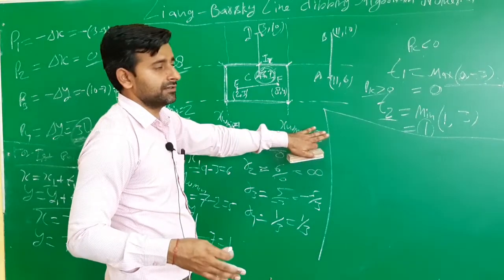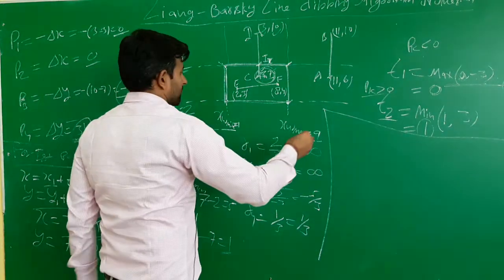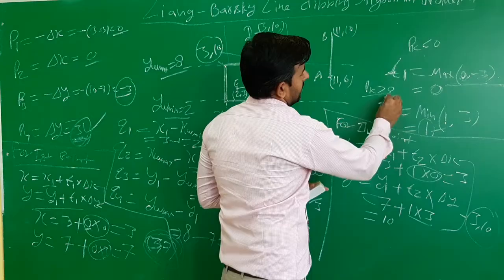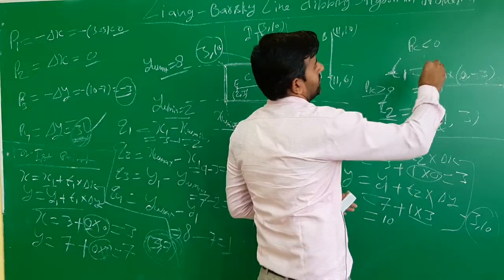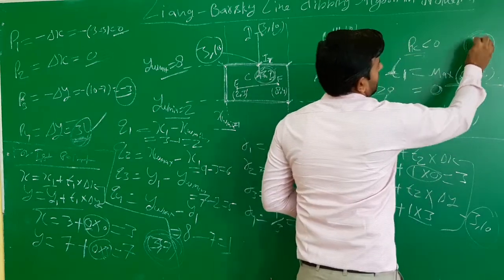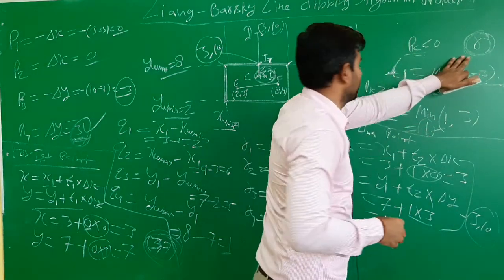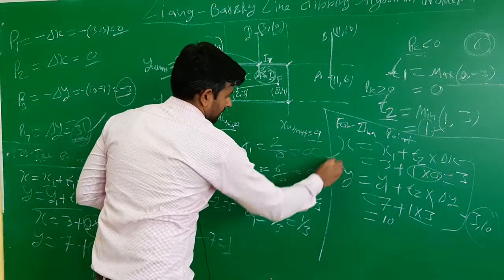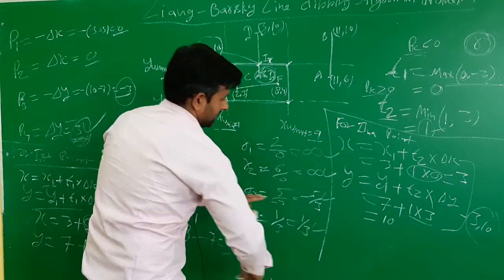Just focus here. For T2 we will take the R values, not the P values, the R values, and the R values are here, this and this.